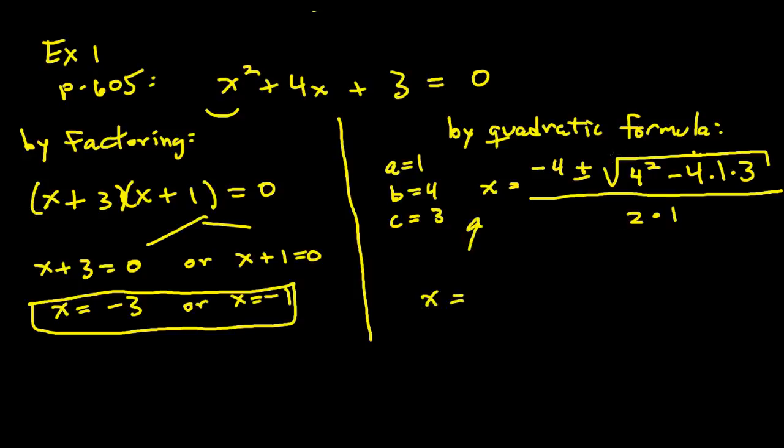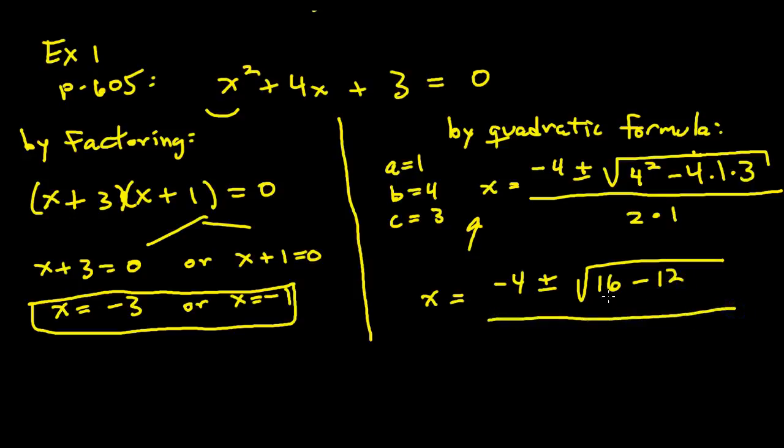Well, x equals, let's go under the radical first and see what I can simplify here. The square root of, let's see, 4 squared is 16, again under the root sign, and minus 4 times 1 times 3 is 12. Downstairs, 2 times 1 is, of course, 2. Under the root sign, 16 minus 12 is 4.